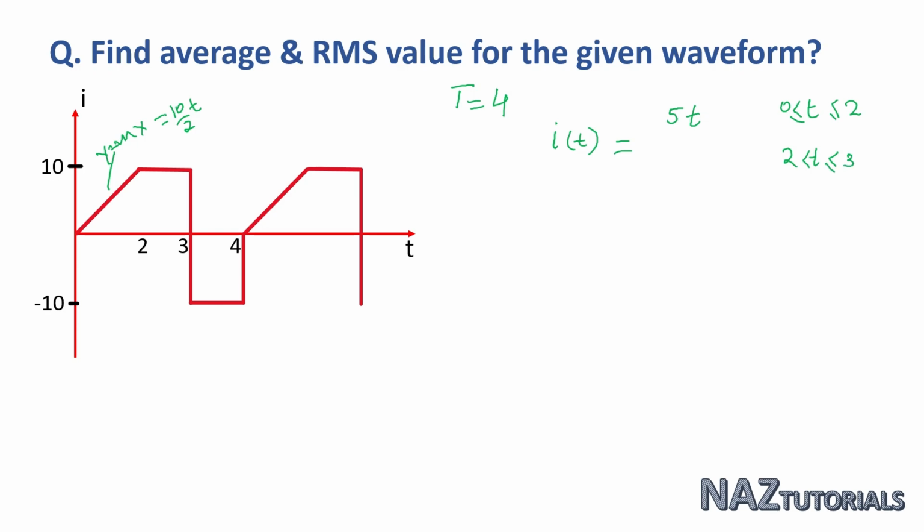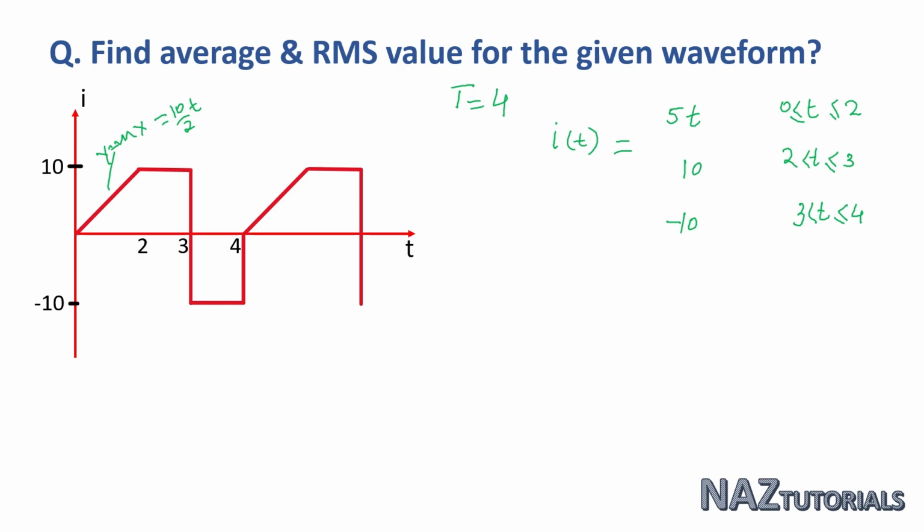It is a constant 10 ampere. And for 3 to 4 second, it is minus 10 ampere, rectangular wave. So this is the function of the current waveform for different instants of time.